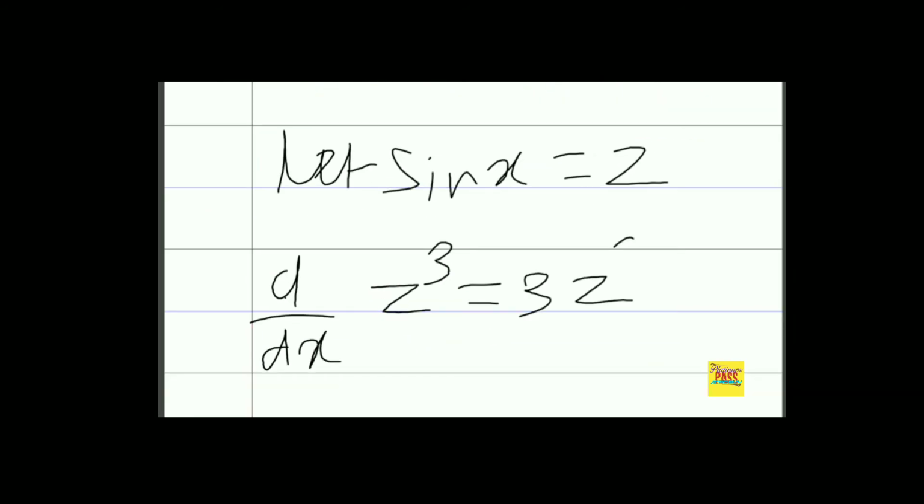So 3z square. I am differentiating this. Let me differentiate, d by dz. This is symbolic differentiation. Don't get confused that it is differentiation of y, no, that is not.